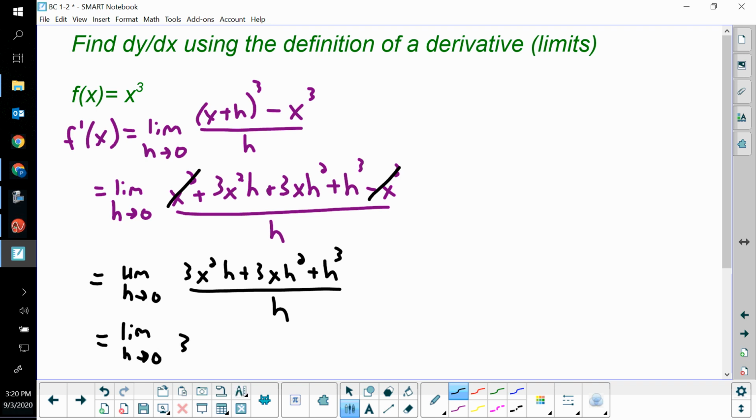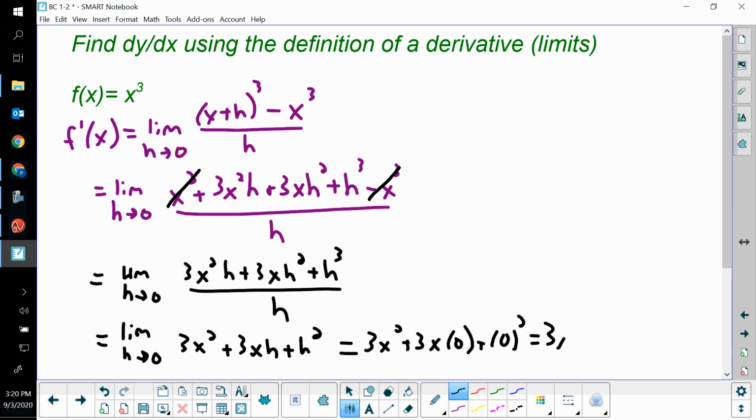So that would be 3x squared plus 3xh plus h squared. And now we could do direct substitution. So if you put in 0 for all the h's, we just get 3x squared, which is not surprising because you know your power rule from last year.